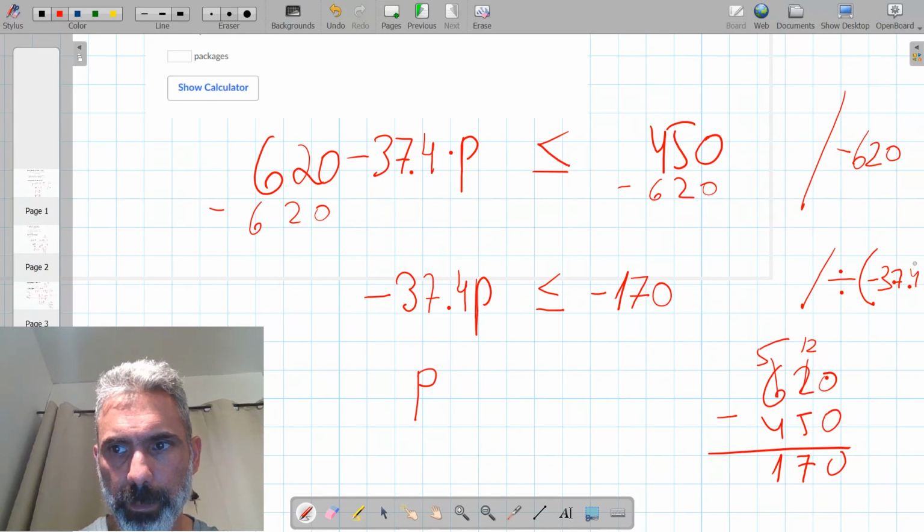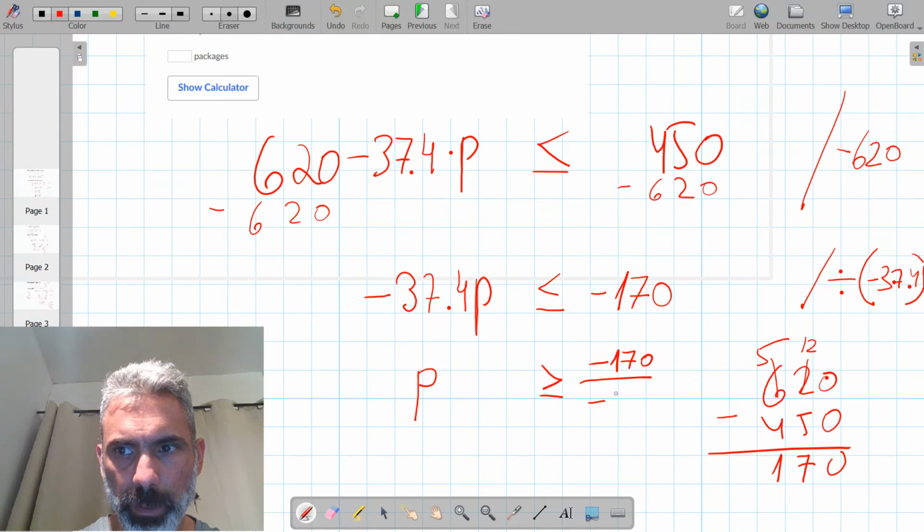Now to isolate the P, I need to divide both sides of the inequality by minus 37.4. And since I'm dividing by a negative number, this will flip the inequality sign, and now the inequality will become P has to be greater than or equal to minus 170 divided by minus 37.4.